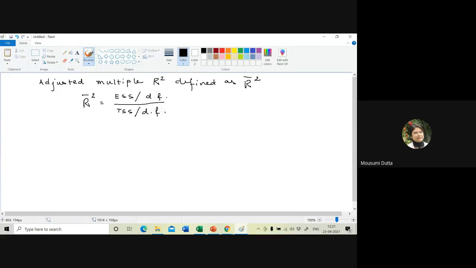R bar square is equal to ESS by degrees of freedom divided by TSS by degrees of freedom.